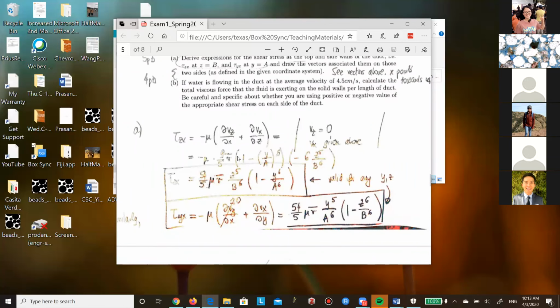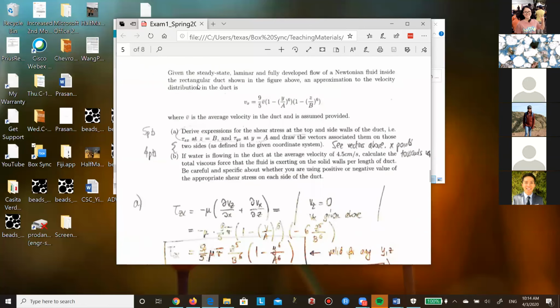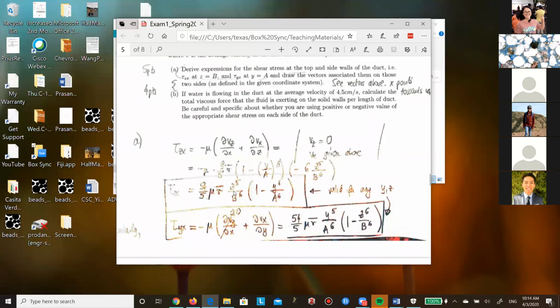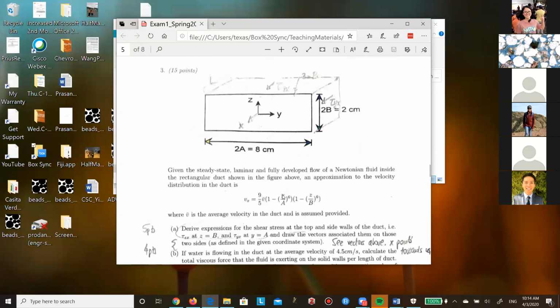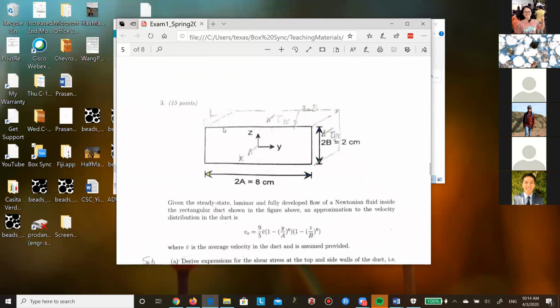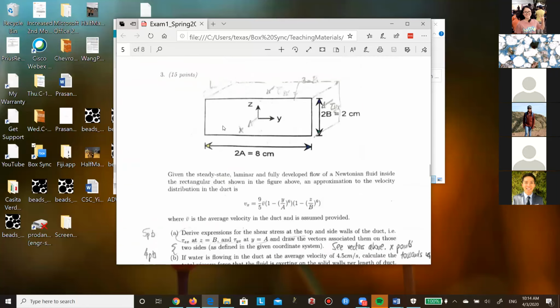And when you do a little bit of derivation, then you get something like this for any Y, Z. So if I want to plug in at Z equal to B, I get 1 over B over here, and that gives me the expression for the shear stress at Z equal to B. So Z equal to B is right here. And I can see that my shear stress is actually changing as a function of Y.